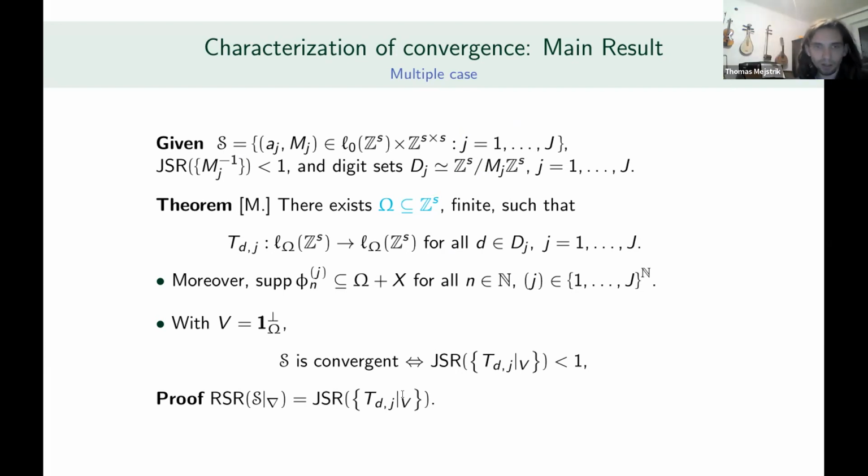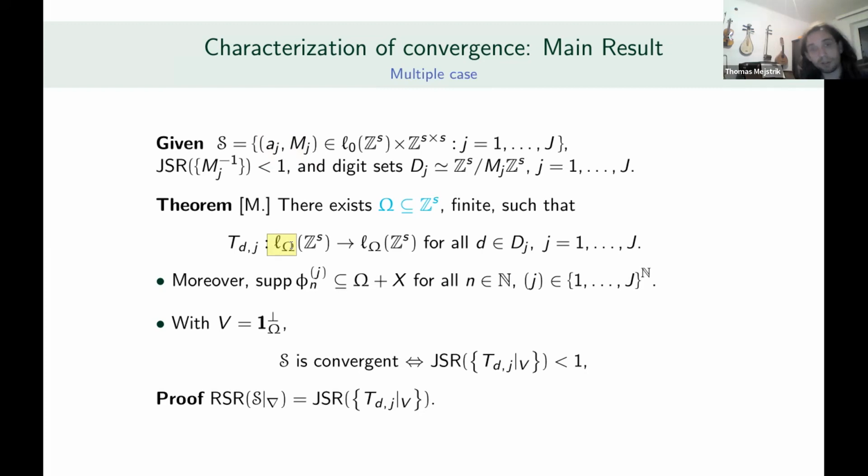So one can show that for any set of subdivision operators A_j and M_j, there exists a finite dimensional subspace, sequences supported on some finite subset Omega of Z^s, on which those bi-infinite matrices T_dj are invariant.